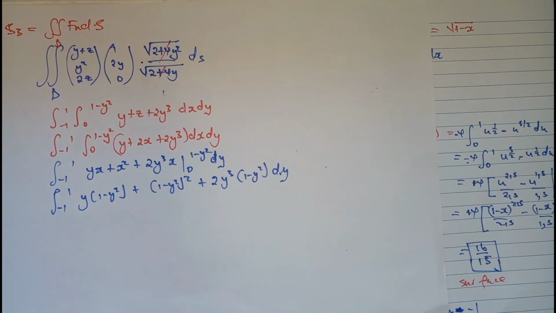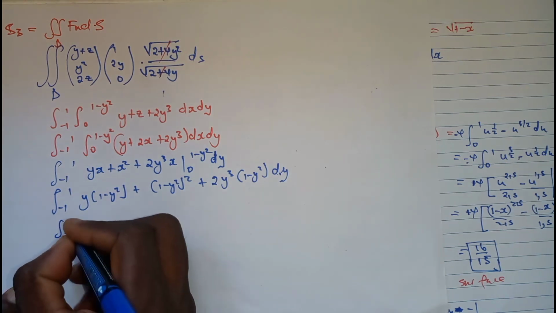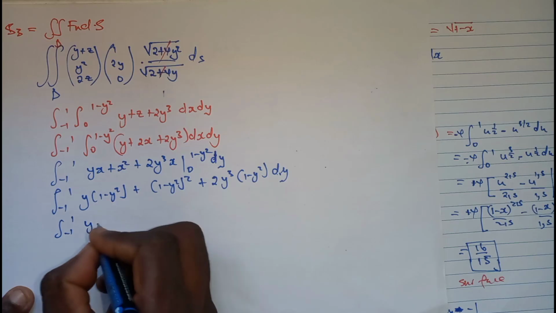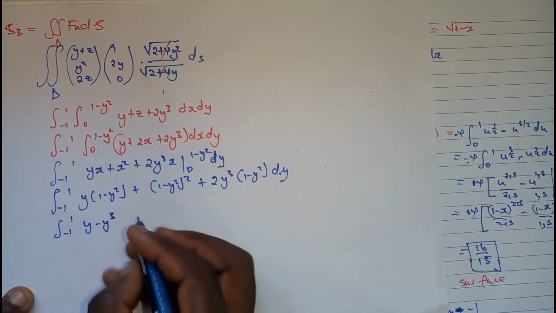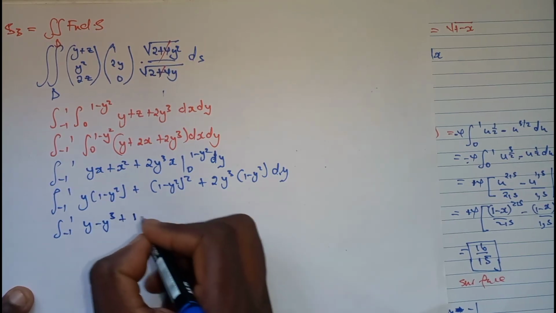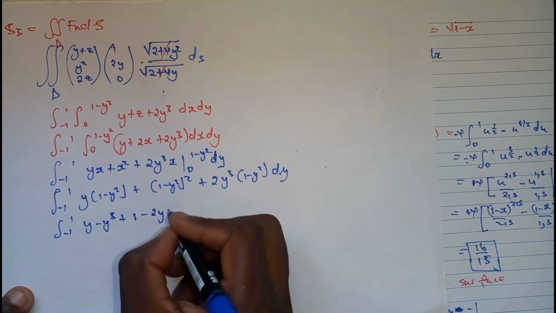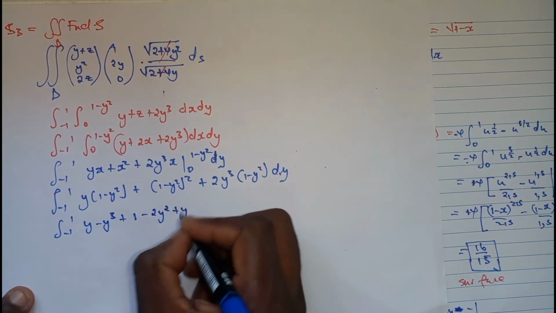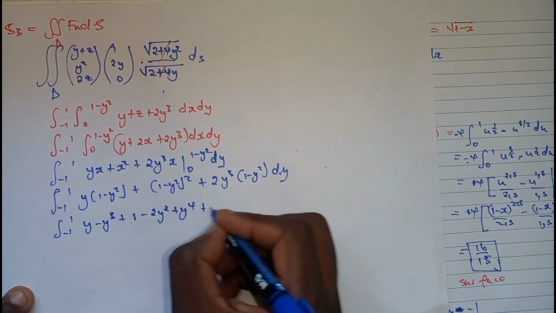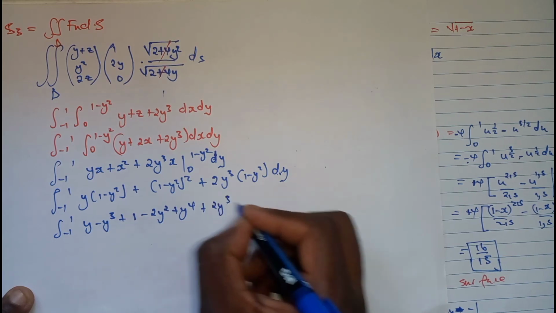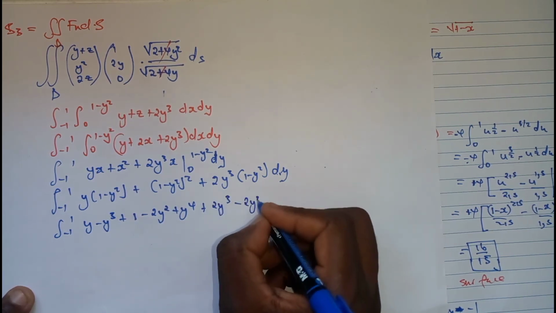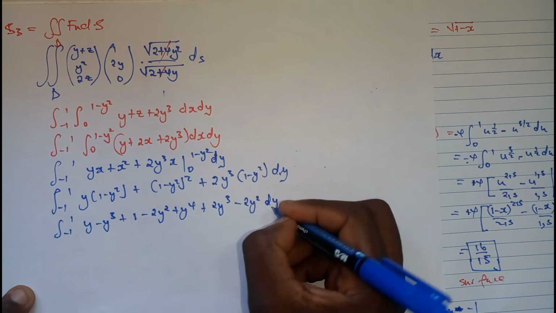And if you integrate here, what are you going to get? Let's try to expand: y minus y to the power 3 plus 1 minus 2y squared plus y to the power 4 plus 2y to the power 3 minus 2y to the power 5 dy.